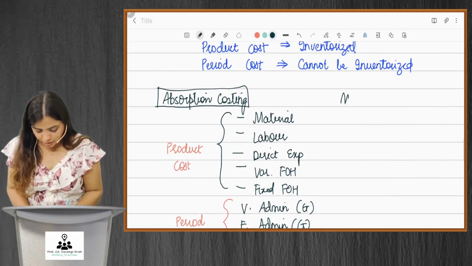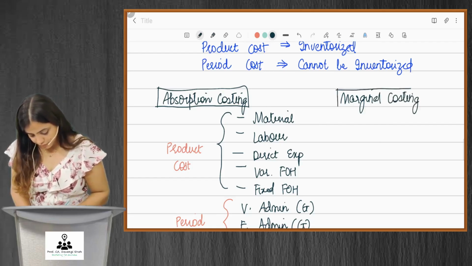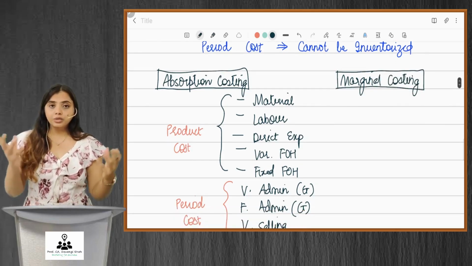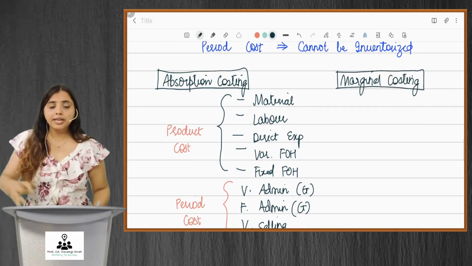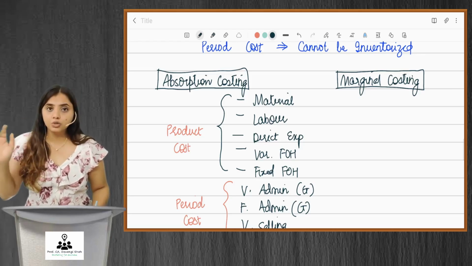Now, let us talk about marginal costing. What does marginal costing do? Marginal costing is used for decision making. It considers only variable cost as the cost of product. It does not take fixed costs into consideration.